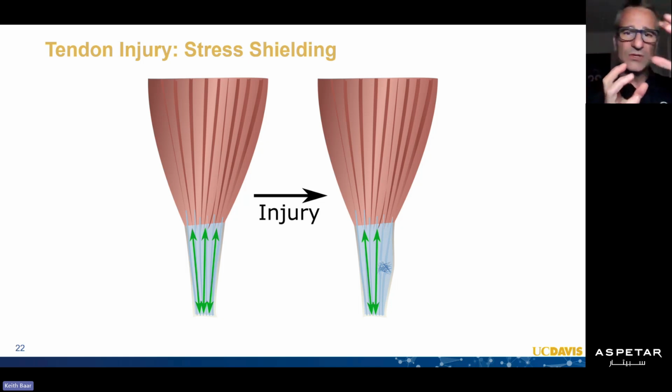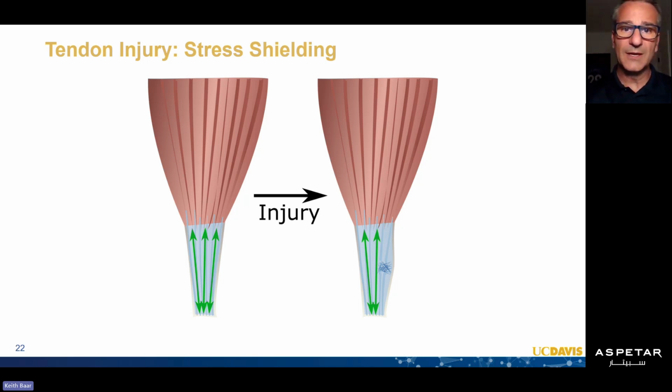We stress shield it, so the stress goes around that tendon, and the only way to really get load through this is to make the strong part of the tendon weaker. And you guys already know how to do that. If I pull on it and I hold it, the strong part of the tendon will get exponentially weaker. Now this little scarred area will be stiffer than the strong part, and it'll get a uniaxial load. That's the idea. We want to load it.